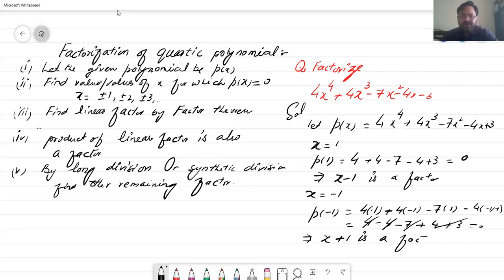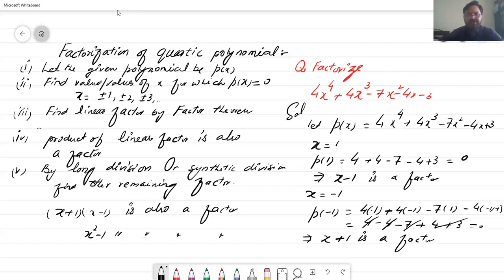In the fourth step, I said that the product of these two linear factors is also a factor. So x plus 1 and x minus 1 are factors, and then x square minus 1 is also a factor.